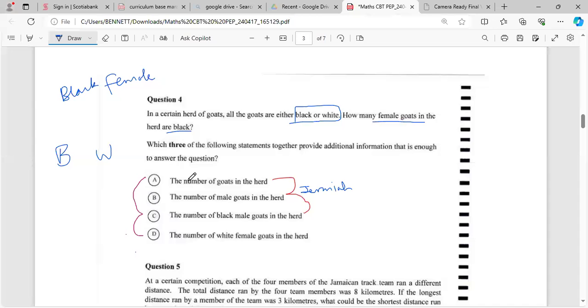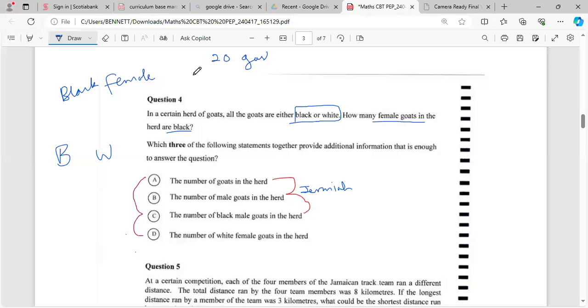So let me go with Jeremiah. Jeremiah said we need A, the number of goats in the herd, B, the number of male goats in the herd, and C, the number of black male goats in the herd. Let's make up a scenario. Let's say we have a total of 20 goats in the herd.